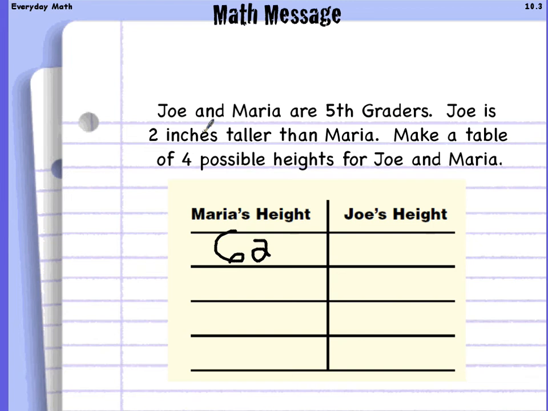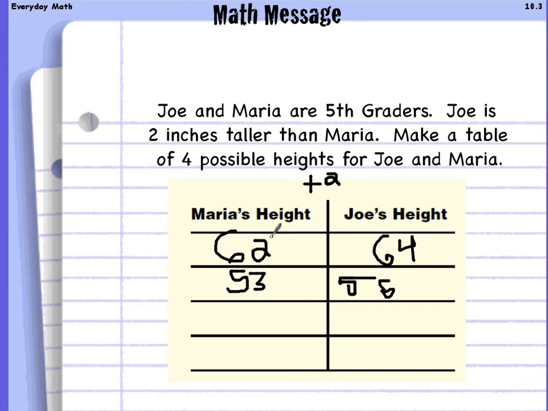We know that Joe is 2 inches taller, so put our output of plus 2 up here to get to 64. Maybe Maria was 53 inches. 2 more inches than that would be 55.